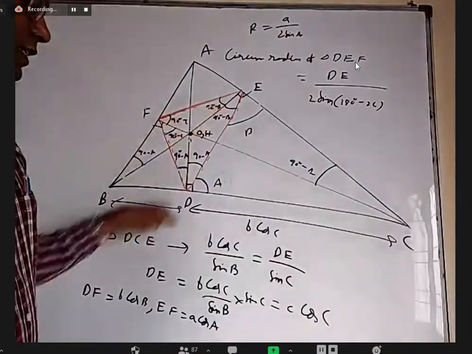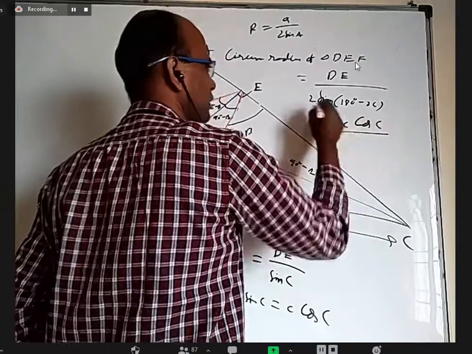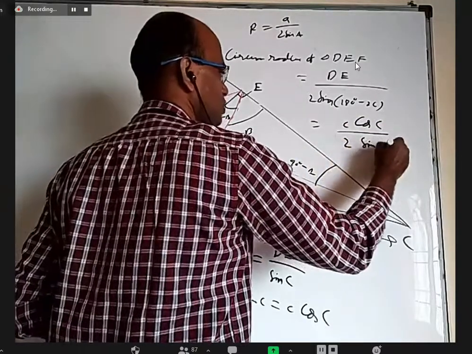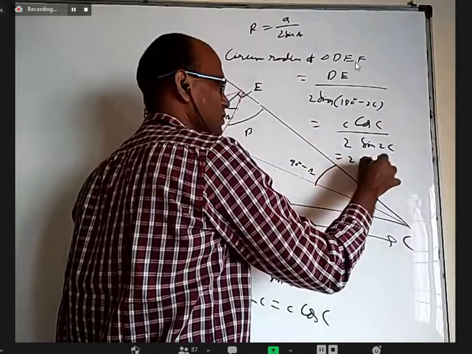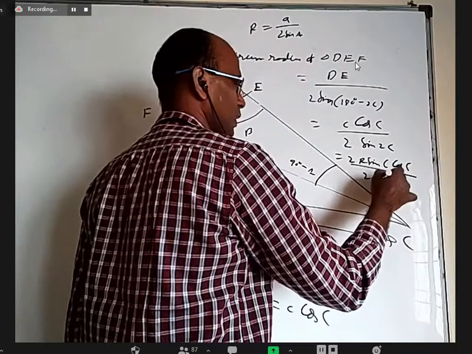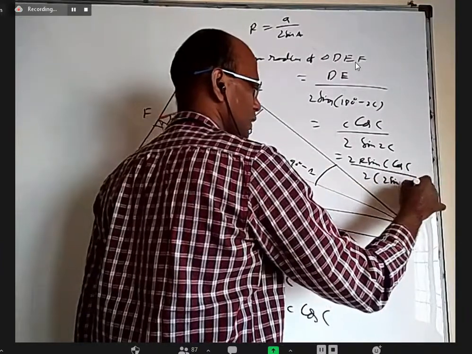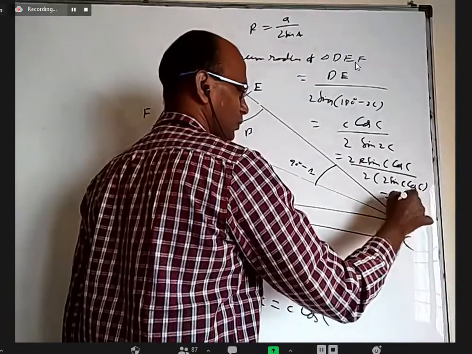Okay. But what is DE? C cos C. So C cos C by 2 sine 2C. But c itself is 2R sin C. Cos C, by 2 into sine 2C, I can write 2 sin C cos C. 2 sin C cos C will cancel, I will get capital R by 2.